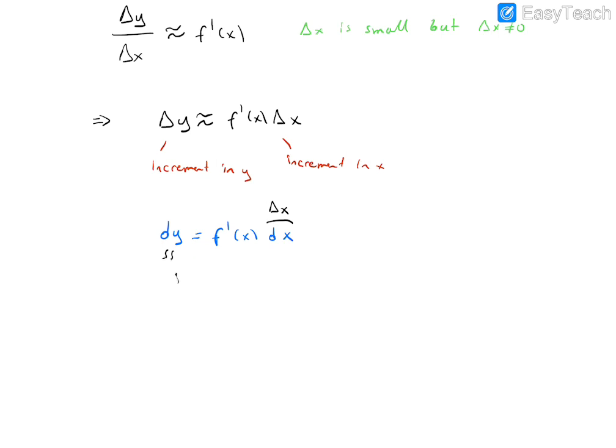Maybe step by step let's continue. We define the right hand side of this approximate equation as dy, the differential of y. By definition, the differential of y is defined by the following equation.